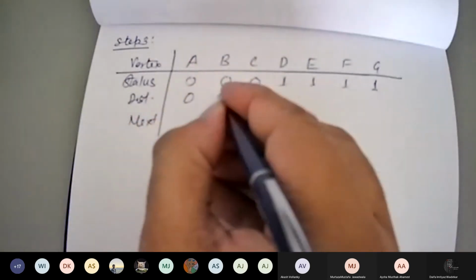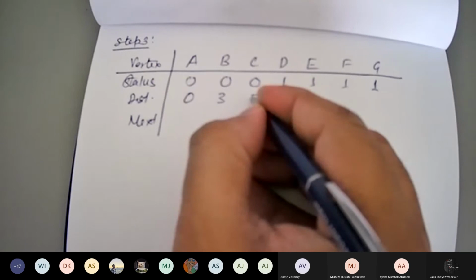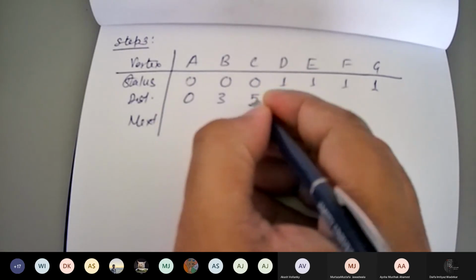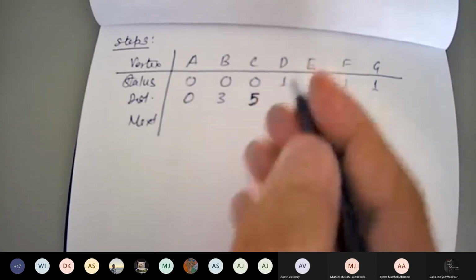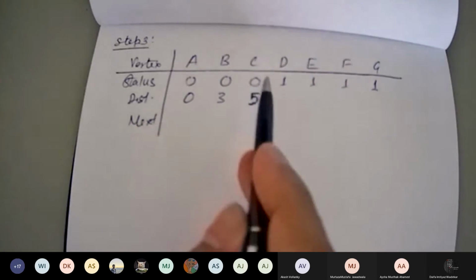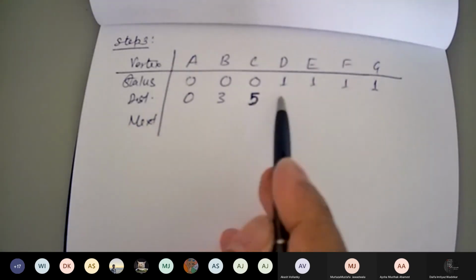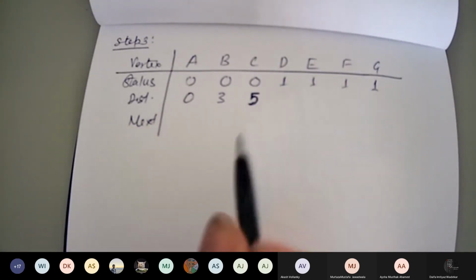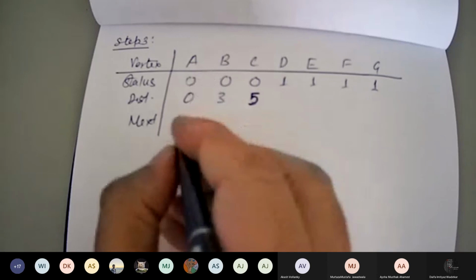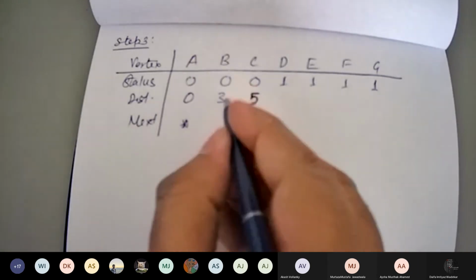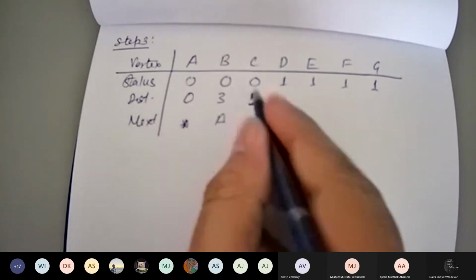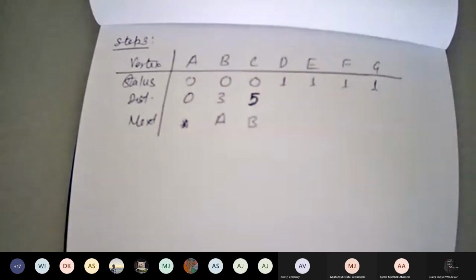And you are getting 0 distance, 3 distance, 5 distance. So till here you will write. The moment you have started with 0, you will stop here. You will not update these things currently. And here B you reached via A, C you reached via B.